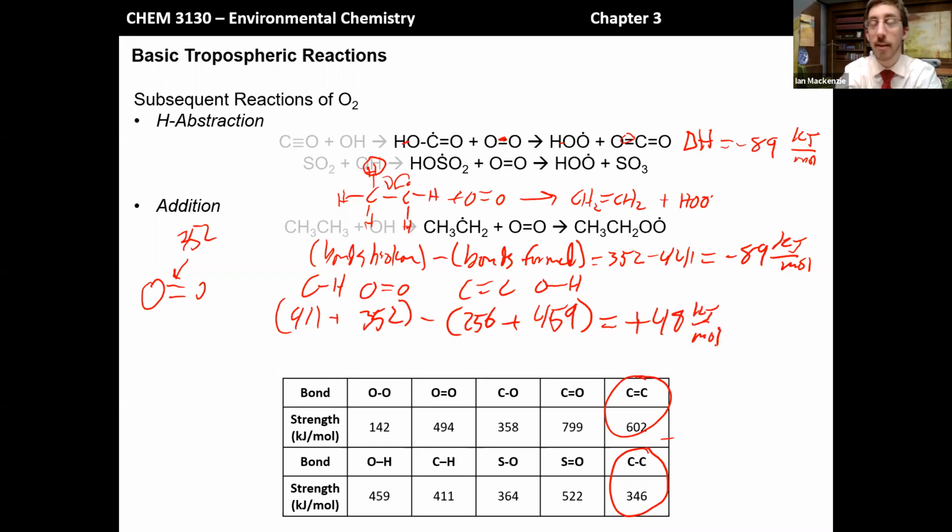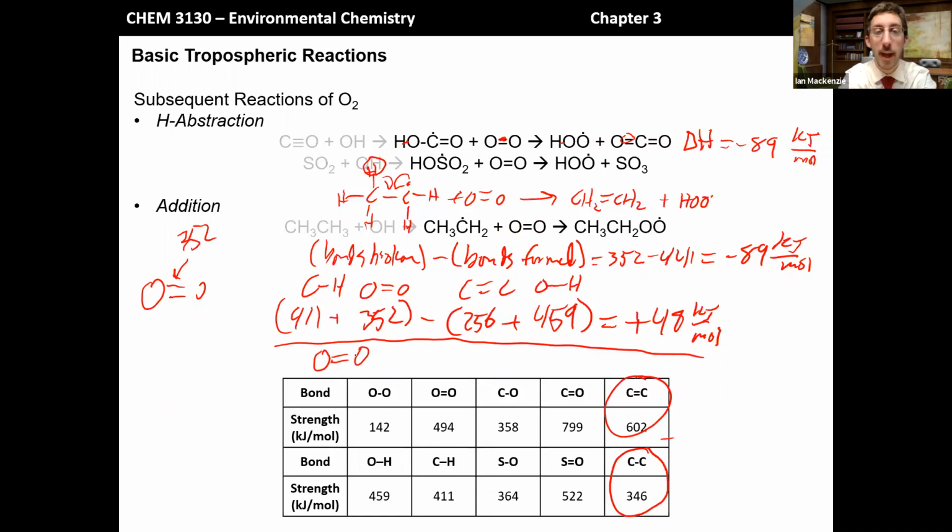Now that's maybe not a ton, but it is endothermic in this case. So the last thing I can do is make a comparison with the addition reaction. So this was if I did hydrogen atom abstraction. Instead, now I can make the same comparison with the addition and see which one's favorable. Well, in the addition process, the only bond that I'm breaking is the oxygen-oxygen bond.